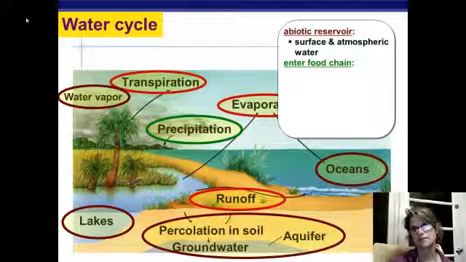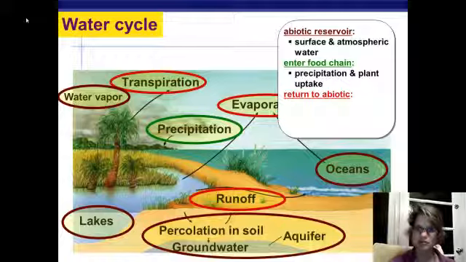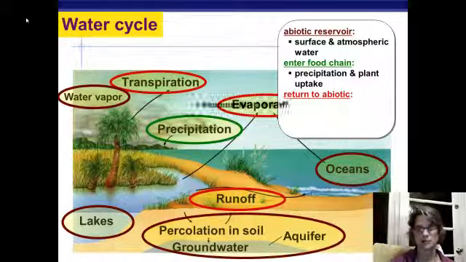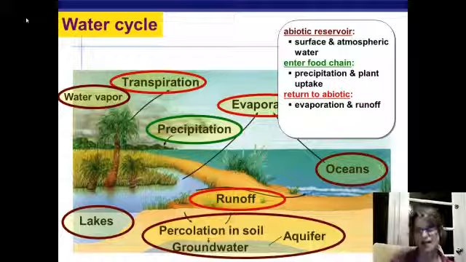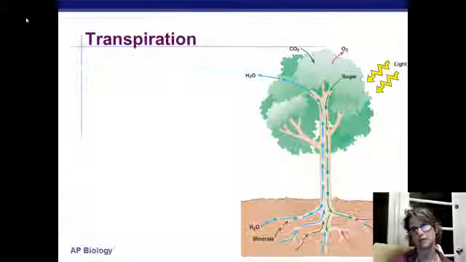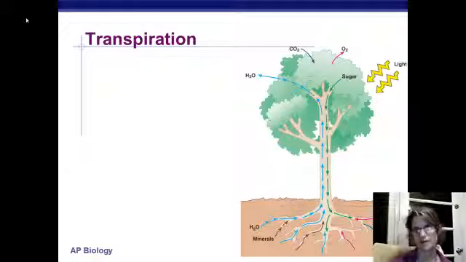In this case, surface water is our abiotic reservoir. Generally speaking, it gets into plants by raining down on them, percolating into the soil, and so the plants take it up in their roots, and it goes back into the abiotic reservoir through evaporation, runoff, which you hear about all the time, but this idea of transpiration is what we really need to focus on now.